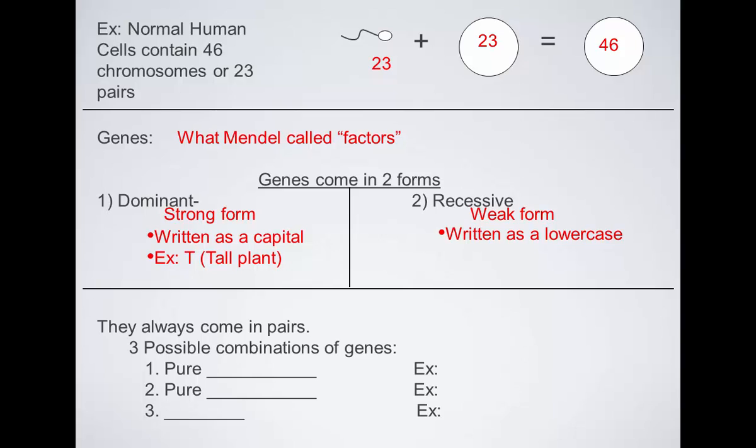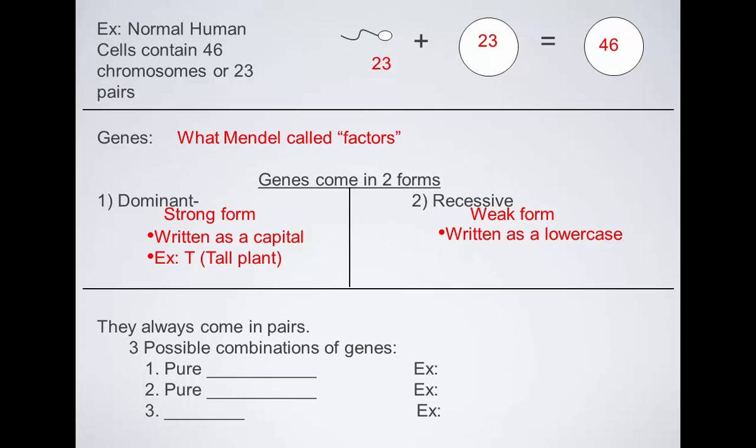This is going to be tricky. But what letter do you think we would use for a short pea plant? Anna? Actually, no. Every single class today gave you the same answer. Not quite. You're getting closer. Any other guesses?